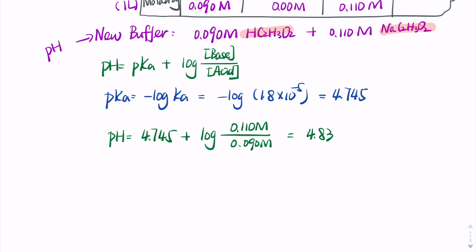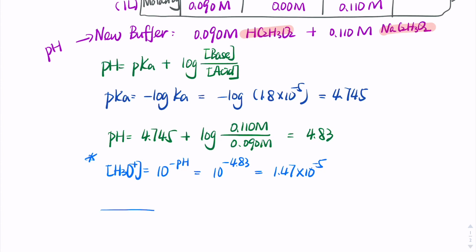Since we have the pH, that's a piece of cake. The concentration of hydrogen ion equals 10 to the power negative pH, so this will be negative 4.83. The value will be 1.47 times 10 to the power negative 5.